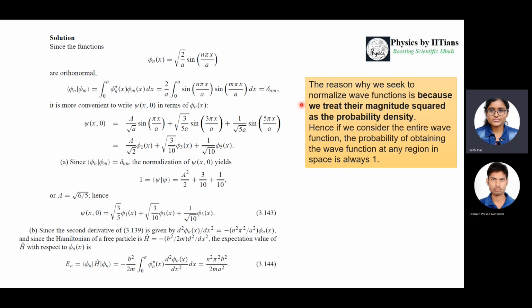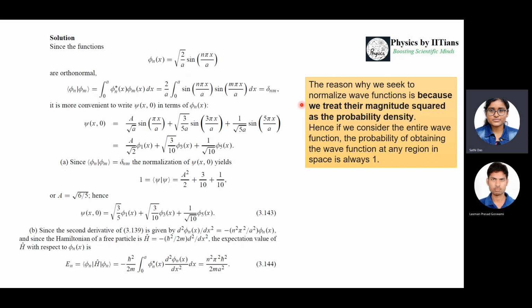This probability should be finite and the total should always be 1. For a physical particle, the probability of finding the particle at an instant of time should be 1, not 1/2 or 1/4. It cannot be that half of the particle is found here and half on the other side of the planet. That is why we do normalization.